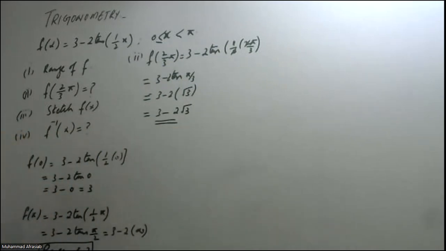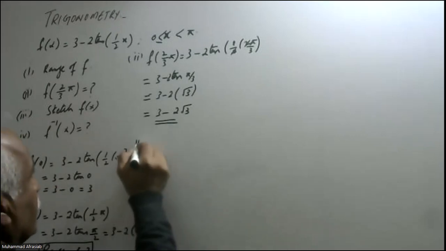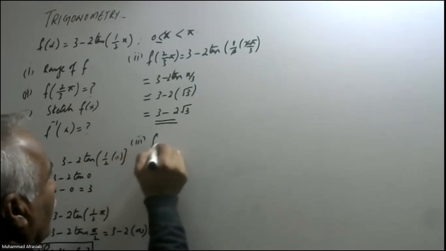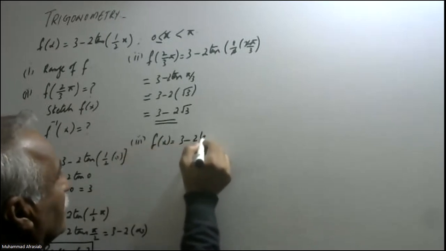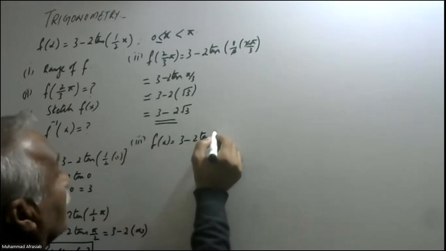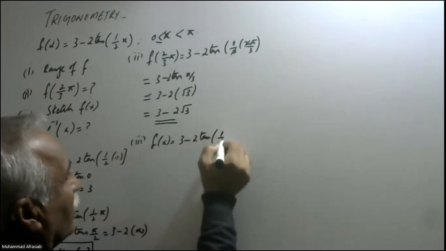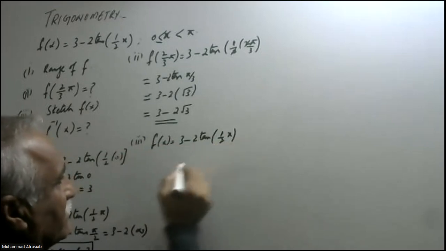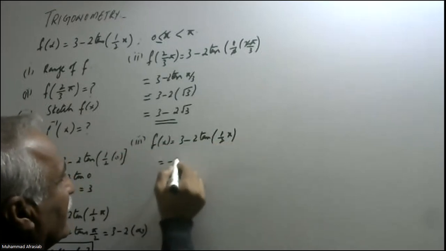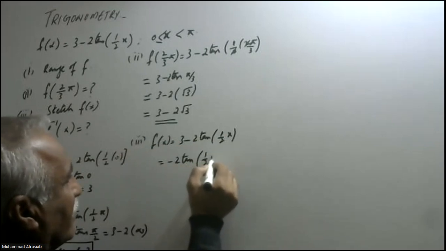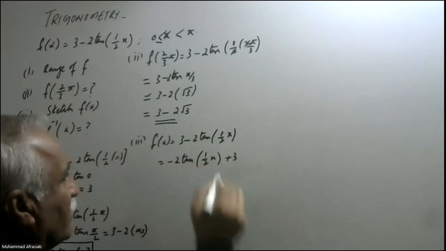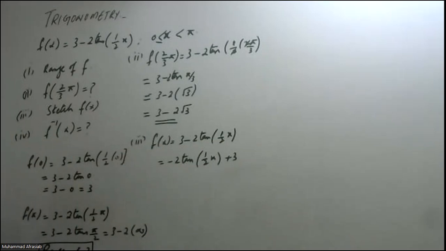Then we are going to draw the sketch of this function here. f of x is equal to 3 minus 2 tangent of 1 over 2x. We can write this as minus 2 tangent of half x plus 3.